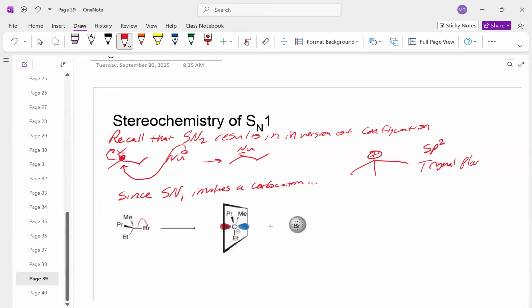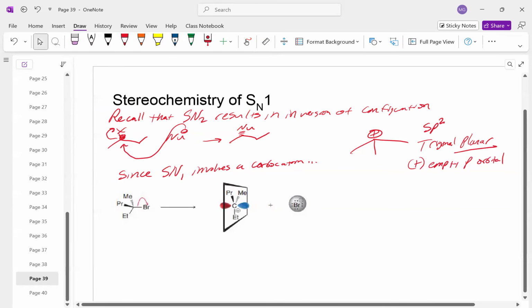Trigonal planar. And I'm underlining that word planar because I want you to think of this as a flat intermediate. And where is that positive charge? Positive charge is the empty p orbital. That p orbital is perpendicular to all of the other atoms attached to that carbocation.